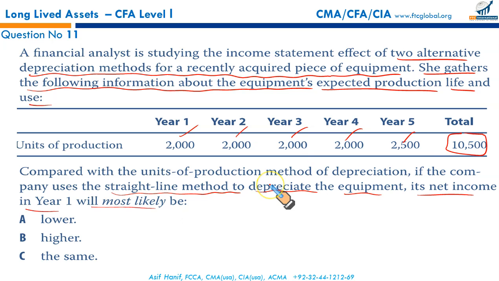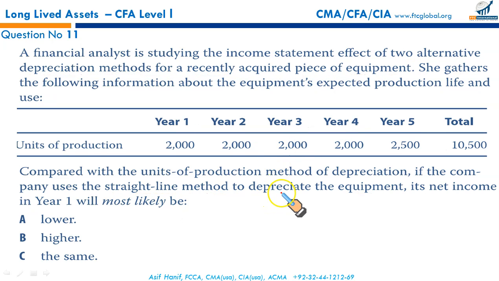Now this is interesting. We have two systems of depreciation side by side. One is the units of production method and the other is the straight line method. We can't compare these two directly. We have to convert them into percentages, only then we'll know. Since the asset has a 5 year life, under the straight line method the depreciation charge each year will be 20%. But for the units of production method, depreciation will change depending upon the number of units produced.